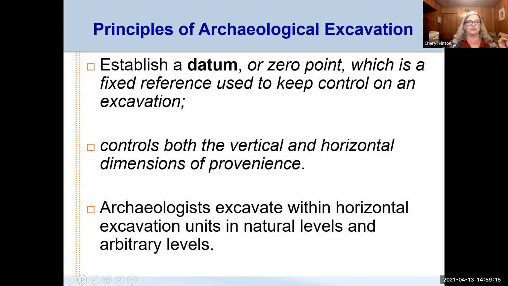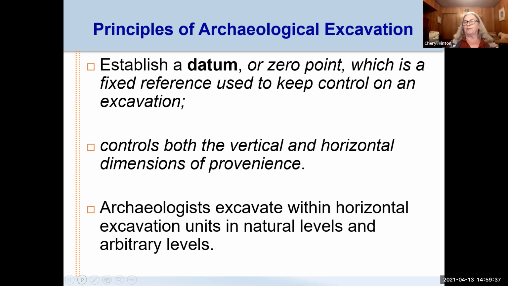Measurements are both horizontal to the surface and to the area being excavated, and then they're vertical as the excavation proceeds down. We are looking at the horizontal spread of the artifacts and then the different levels as we go down. We're going down in time, presumably.